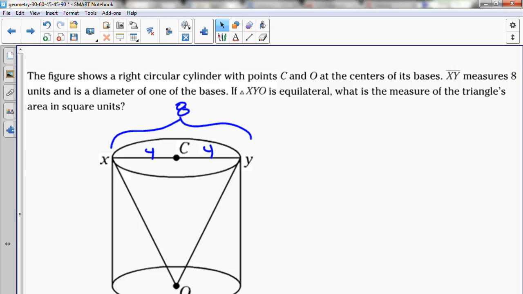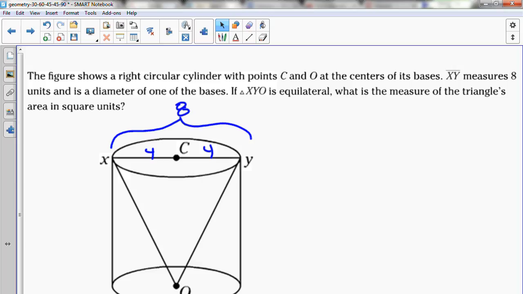Now, here's the good part. Triangle XYO is equilateral. So that means each side of that triangle would measure how much? 8. See it?